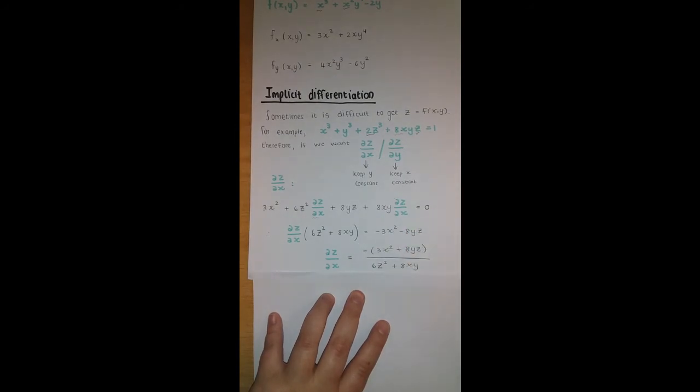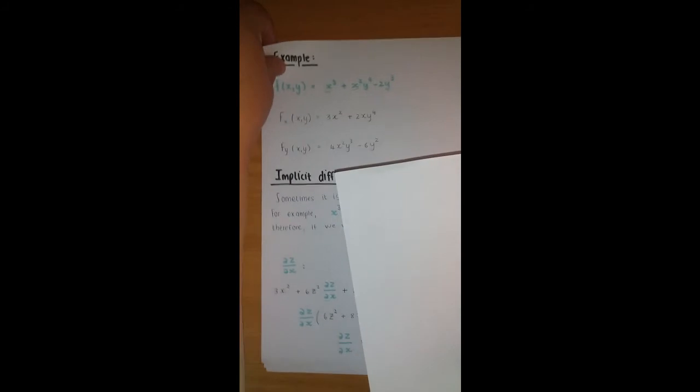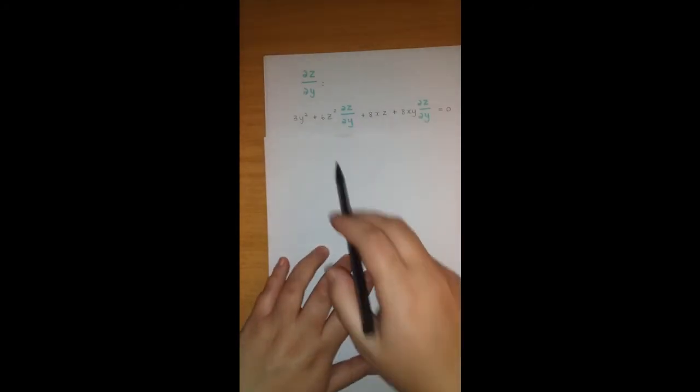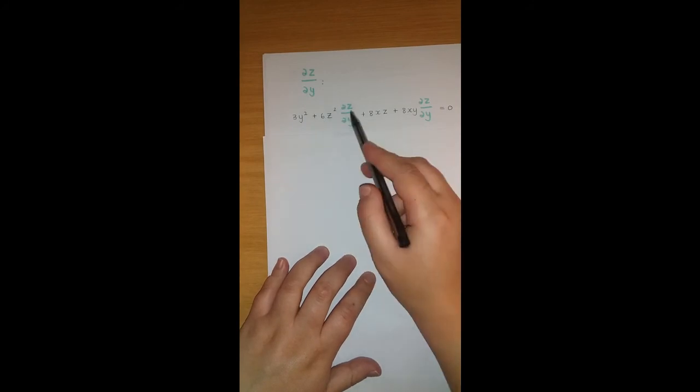And you would do the same if you have to get dz dy. You would keep x constant and derive towards z and y. But when you derive towards z, you just multiply a dz dy term to it. As follows. So let's say you want to derive towards y for z. So then you would have 3y squared plus 6z squared dz dy.